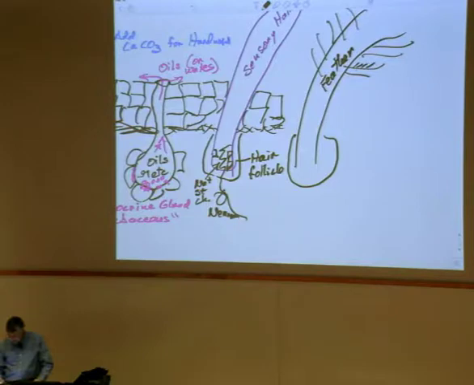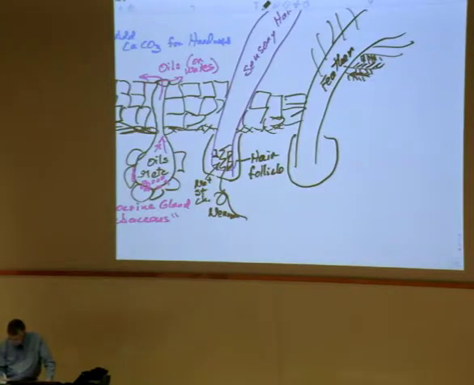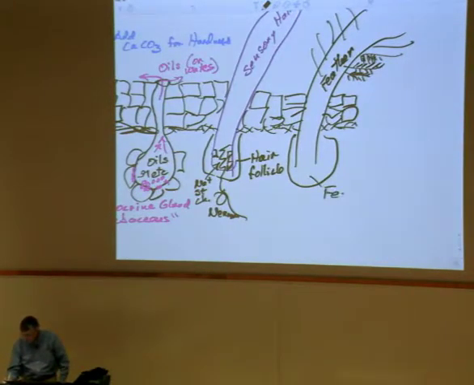You can have side branches off these side branches that lock together and form a fan, the thing we think of as a feather. Again, that's penetrating out, so here's a follicle that's growing a feather.